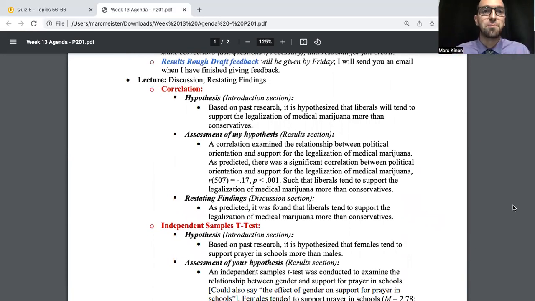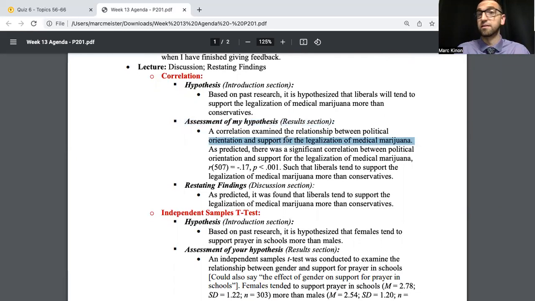So let's say your hypothesis, which is in your introduction section, says, based on past research, it is hypothesized that liberals will tend to support the legalization of medical marijuana more than conservatives. Then an assessment of that hypothesis would be in your results section. So this would be your corresponding results paragraph for this hypothesis.